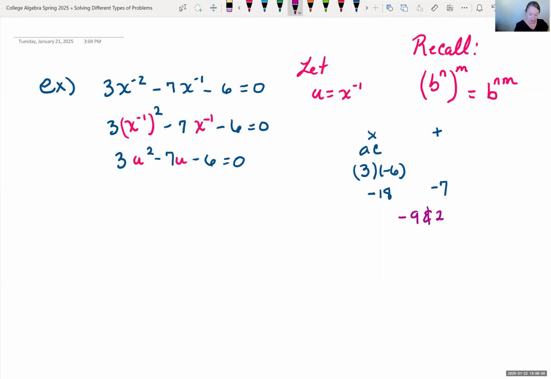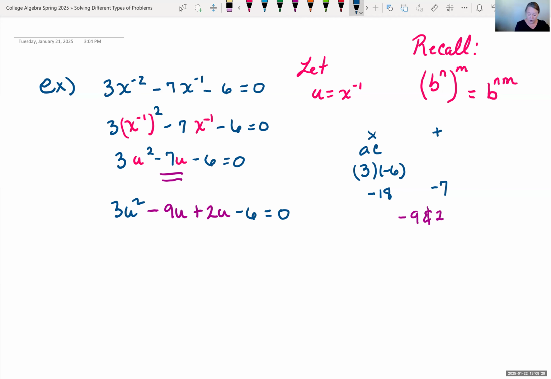So once we figured out those two numbers, the next step was to rewrite our middle term using those numbers. And so rewriting this, we have 3u squared. So instead of negative 7u, I'm going to rewrite that as negative 9u plus 2u. And then bring down our minus 6 equals 0.